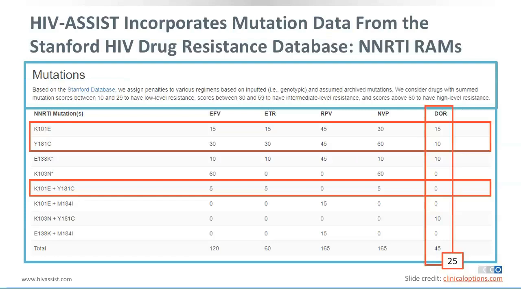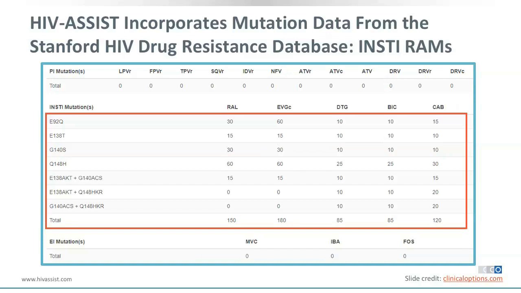And then if we look at her NNRTIs, again, the red boxes denote her mutations. You can see that she has fairly high level resistance to efavirenz, etravirine, rilpivirine, and nevirapine. But actually her doravirine resistance was a bit lower than the other NNRTIs that were available, with a total score there of 25. And so I'll just say that, when I have had patients with multi-drug resistant virus, often the agents that we turn to are including protease inhibitors and integrase inhibitors.